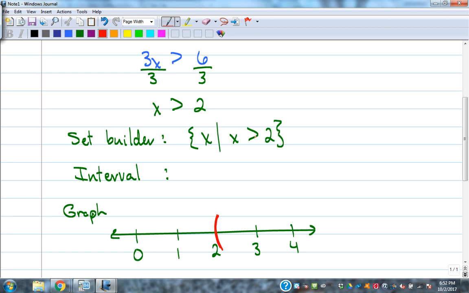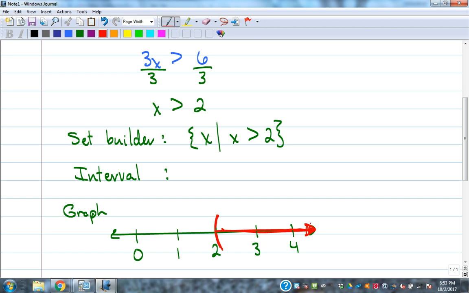But because it doesn't have that, we're going to use an open parenthesis. And I'm opening it to the right so that I can go greater than 2, so that the graph goes this direction. I'll just kind of shade that way, boldface that, that it goes from 2 toward positive infinity.